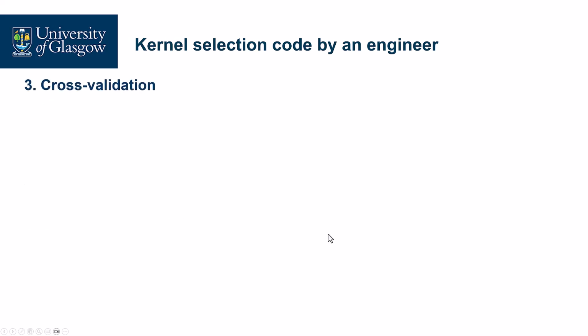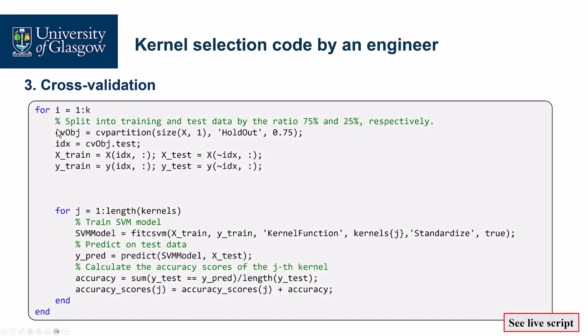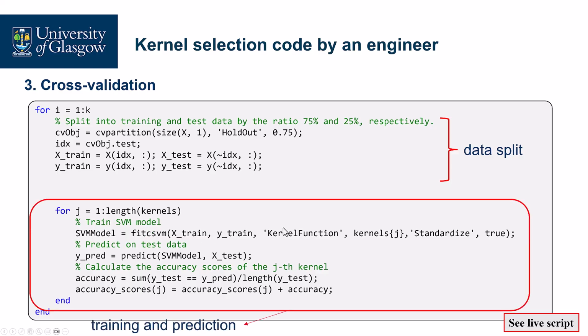So his code is like this. For cross-validation, he repeats the following thing 20 times and we get the average, right? In this code, we first split the data into training and test, and then we train the SVM model using the decided kernel, and then we predict using the test set. We repeat this 20 times and get the average.